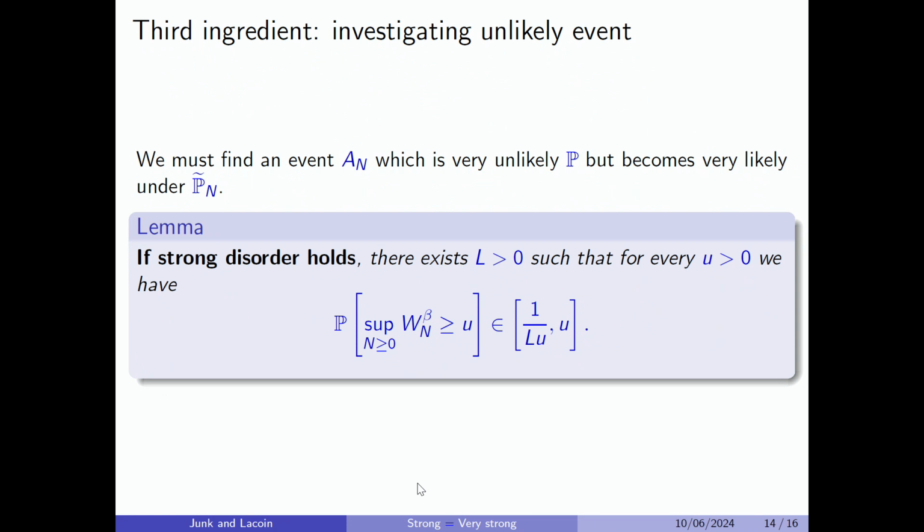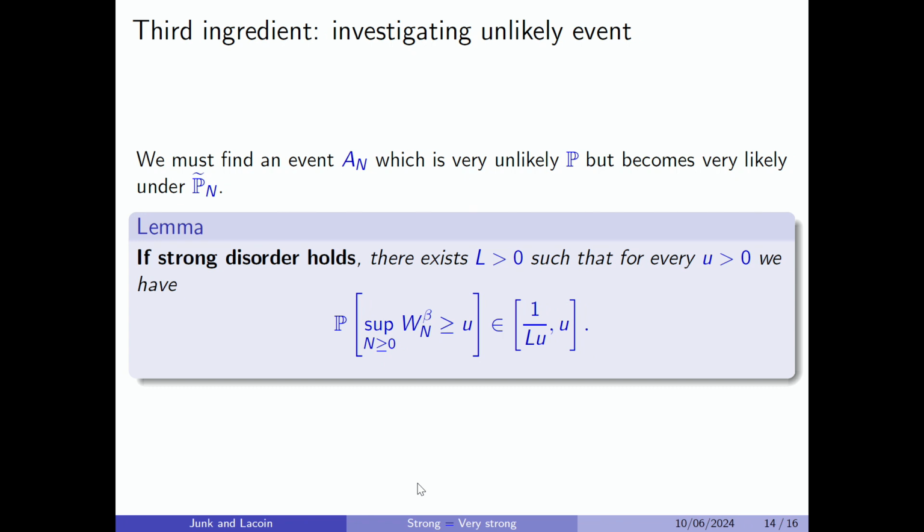We don't control the distribution of Wn very well, but we can control very easily its tail, the distribution of its supremum over all n.